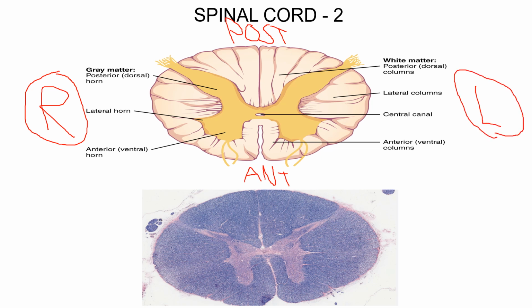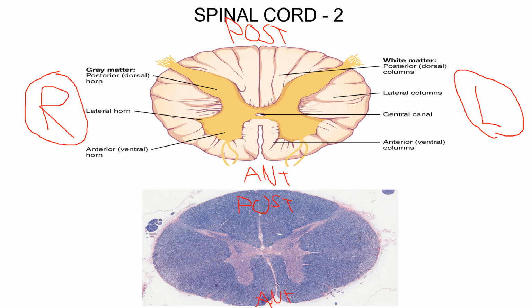Okay, so remember that just like the brain, we have gray matter and white matter. The only difference here with the spinal cord is it's flip-flopped, and we're going to have a couple more detailed names is all. So let me take your attention to the bottom picture quickly. And same thing, this is going to be the posterior aspect. This is going to be the anterior aspect of this picture.